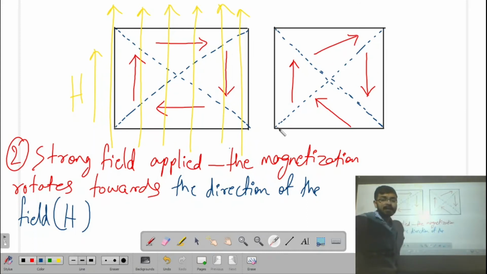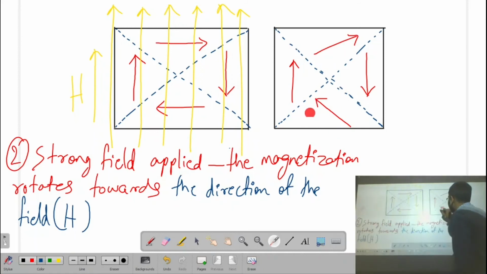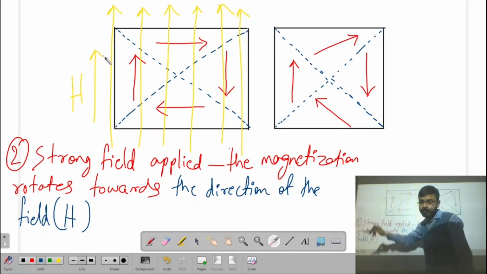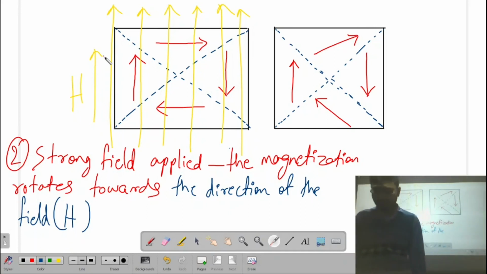And for a strong applied field, the direction of the total resultant atomic moment will try to point towards the direction of the applied field. So this is all about the ferromagnetic domains and their orientation in the presence of the external magnetic field H.